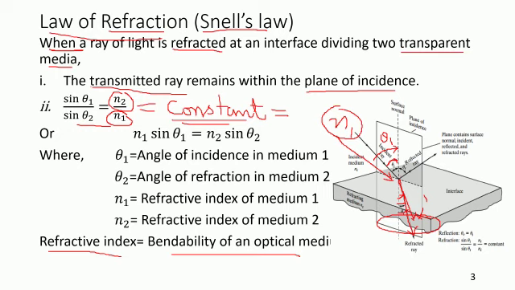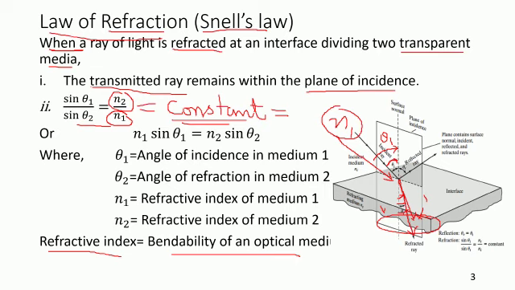So N1 stands for the refractive index of the first medium. For example, if this is air, you know for air the refractive index is 1, and N2 stands for the refractive index or index of refraction of the second medium.